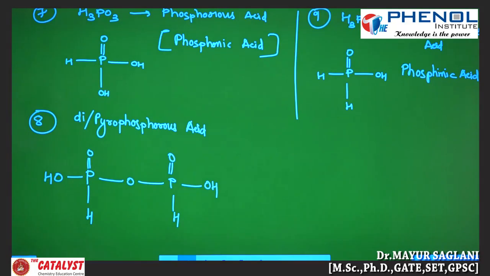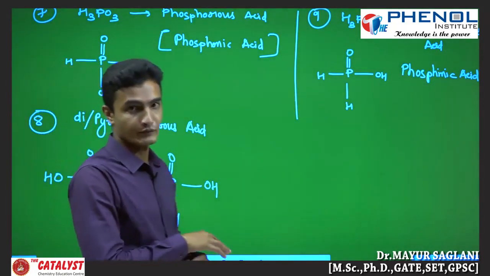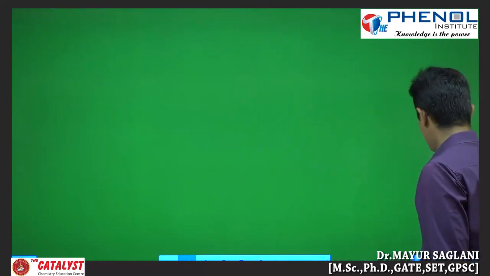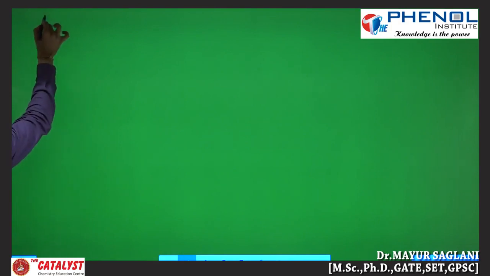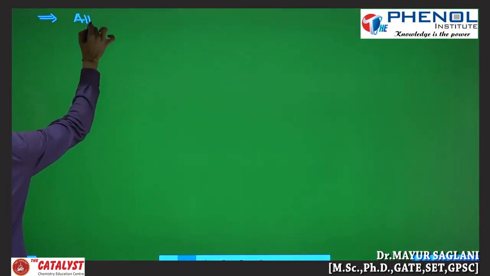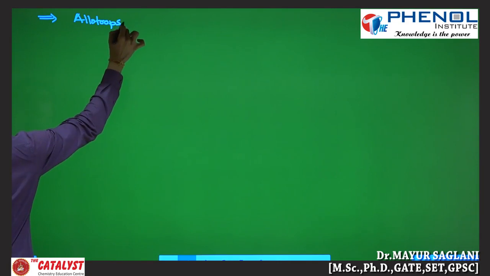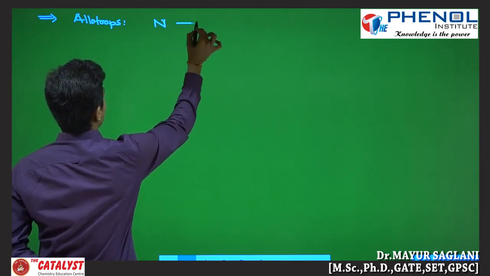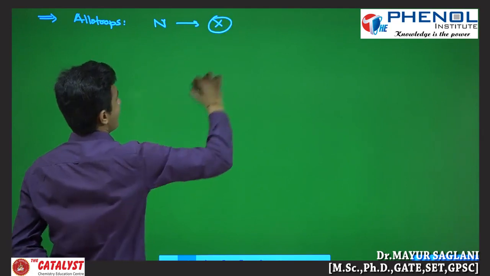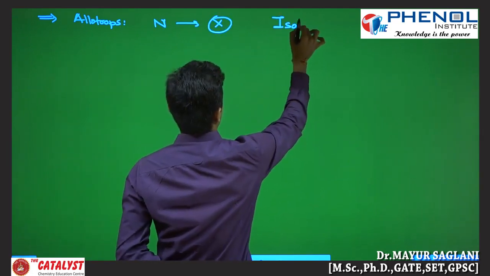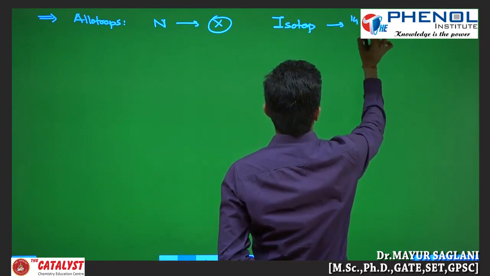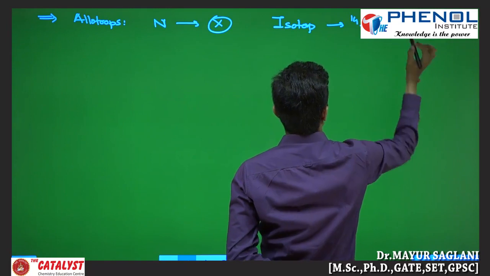So these are the oxo acids of phosphorus. Next we will see the last point of the nitrogen family, which is allotropy. Allotropes. Nitrogen does not show any allotropes, but nitrogen shows isotopes, that is 14N and 15N.